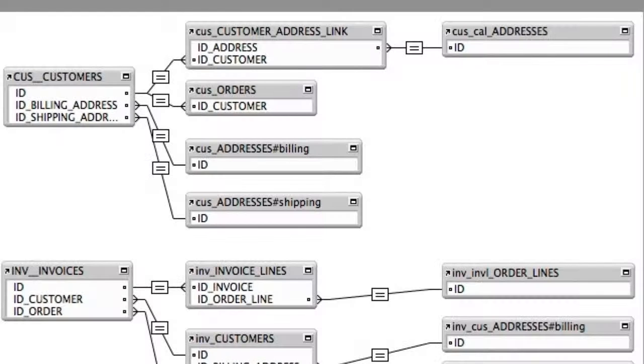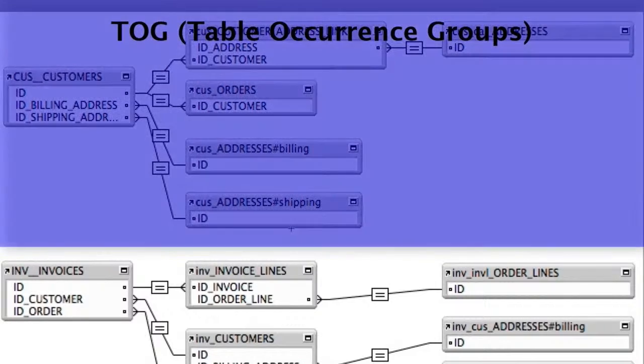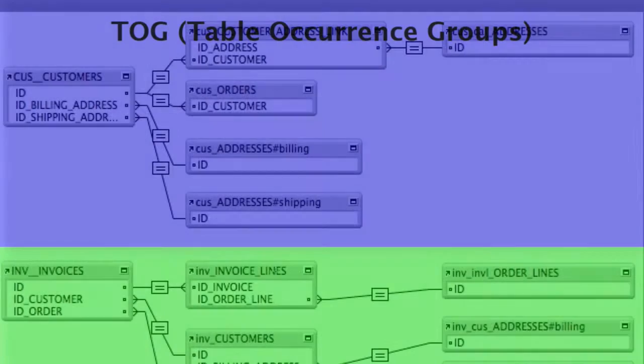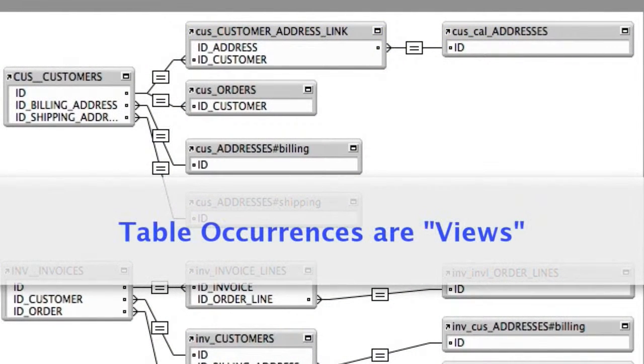Now let's take a look at a little bit more complicated relationship diagram. This relationship diagram is from another FileMaker solution, but I want to point something out here. There are two what we call table occurrence groups here, or TOGs, T-O-G. This is one table occurrence group here, and one table occurrence group here. What's really important to understand is that table occurrences really are views.